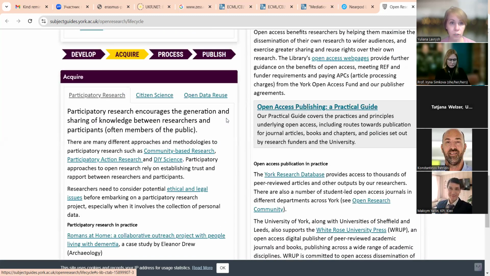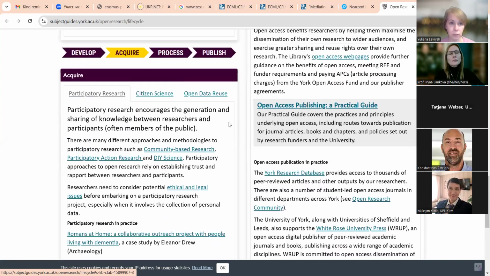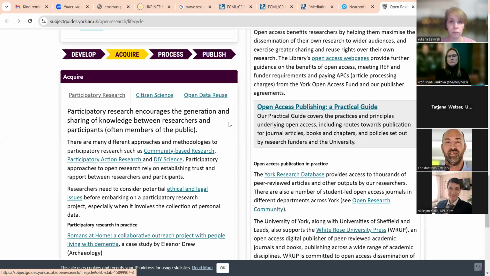Then the stage of material. You acquire some material, data, metadata, and in this case, you need to know what participatory research is if you carry out a sociological study, for example, citizen science, and open data reuse.